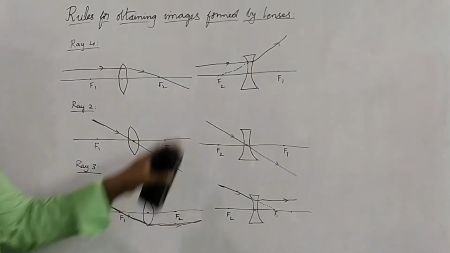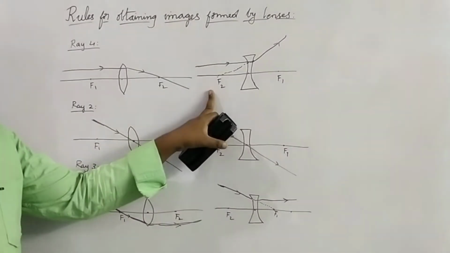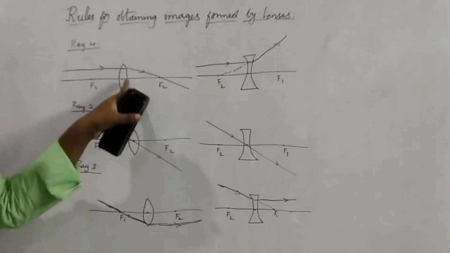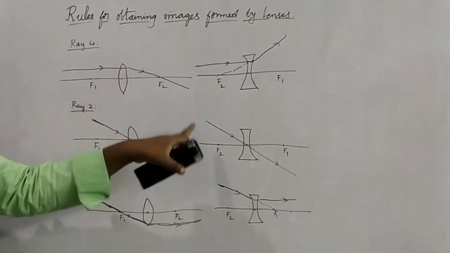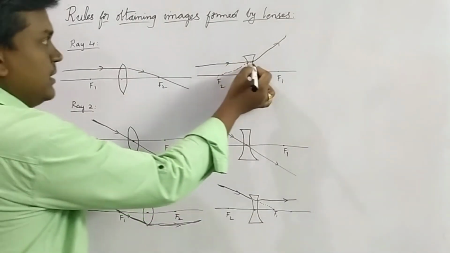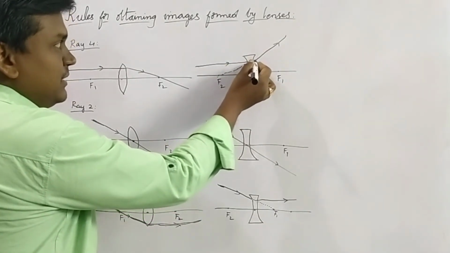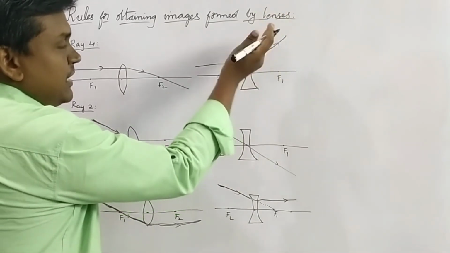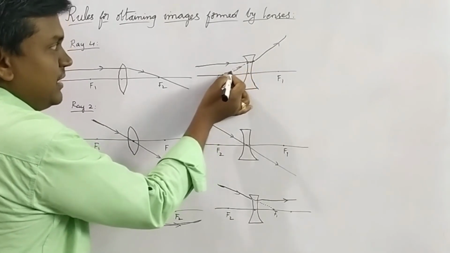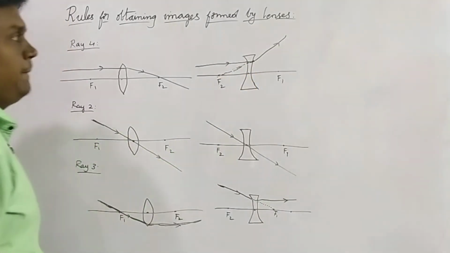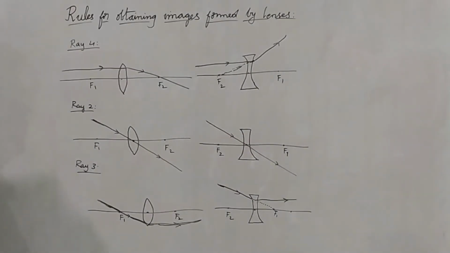So a ray which is parallel to the principal axis appears to diverge from the focus. But if you extend the ray which is diverging away, it appears to come from this focus only. So this is rule 4.